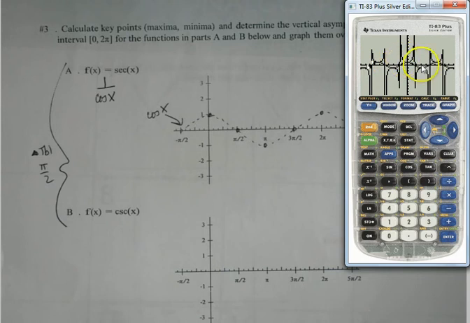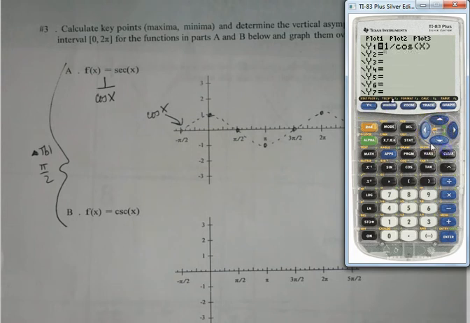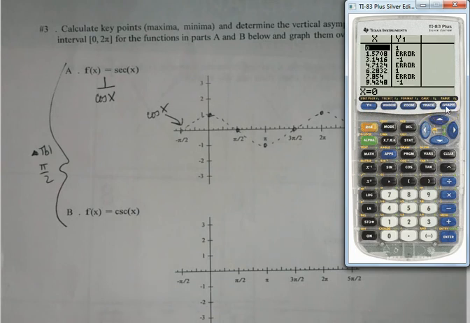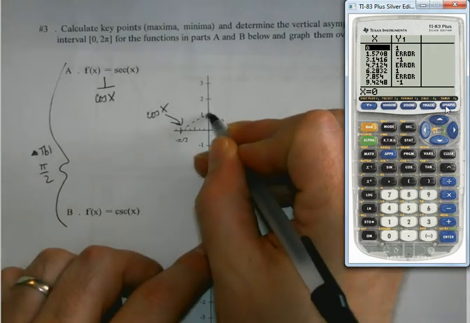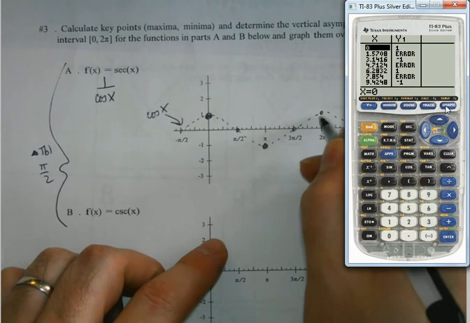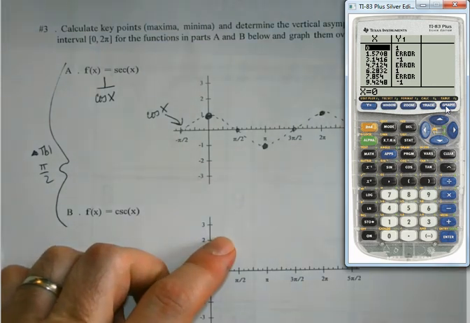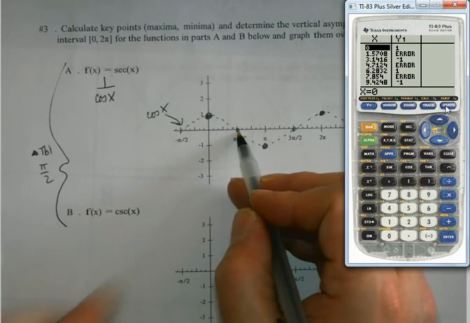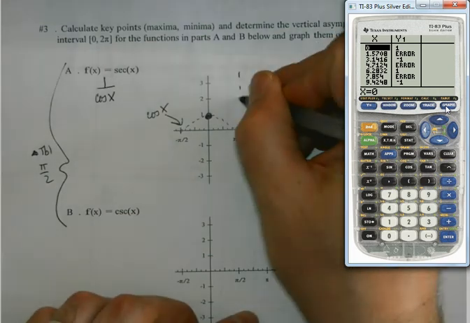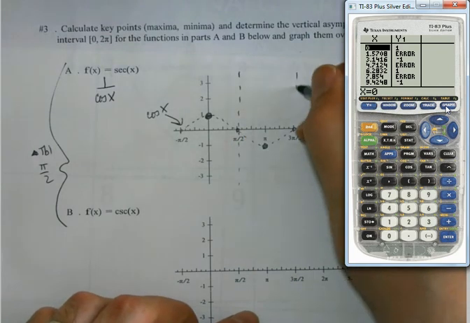Here's my cosine graph, and you're like, hey, it's like it hits its maxes where these parabolas are, and a minimum, it hits the parabolas down here. That's what I want you to see with this. Because when I go to graph it, what you're going to end up finding out is every time you hit either a maximum or a minimum, that's going to be where your parabolas are going to draw in. Every time you have a 0, that's where your asymptotes are going to be.